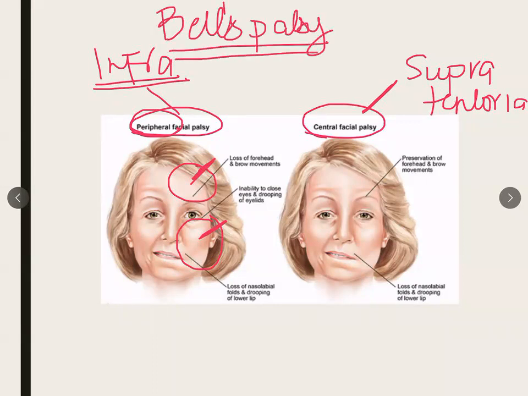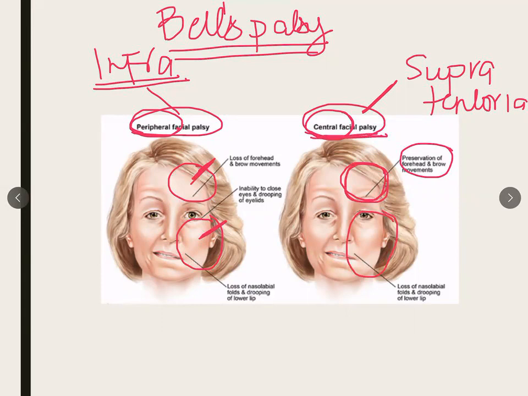While when we say central facial palsy, there is preservation of the forehead. The upper part of the face is preserved, while the lower part is paralyzed. So more likely, you have a central facial palsy, or a lesion inside the brain.